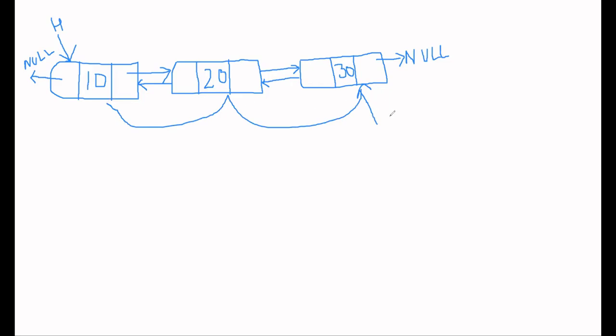In this case, we don't need to do that. If we have the address of the last node, its previous pointer will be pointing to 20, 20's previous will be pointing to 10, and 10's previous will be pointing to null. We can traverse it in the reverse direction also.